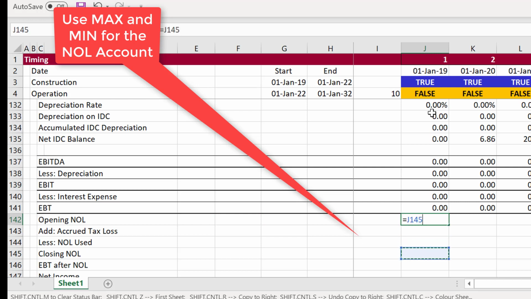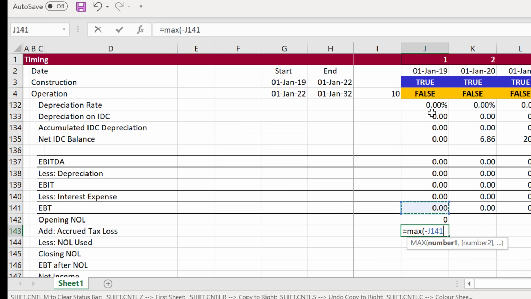So we better put a NOL, the opening balance equals the closing balance, and then you put a maximum of the minus of the EBT or 0, and that just adds the loss. Then you put a maximum of this.